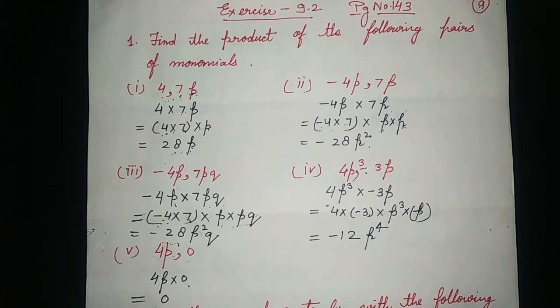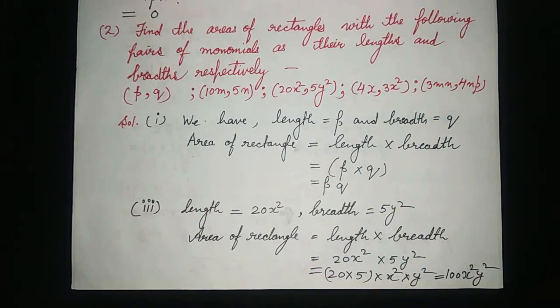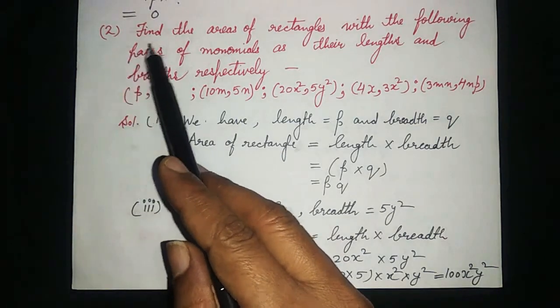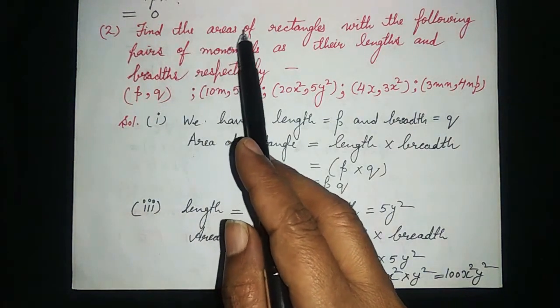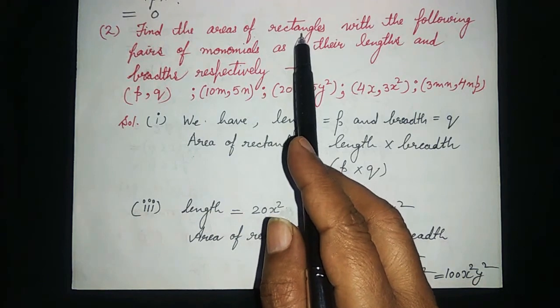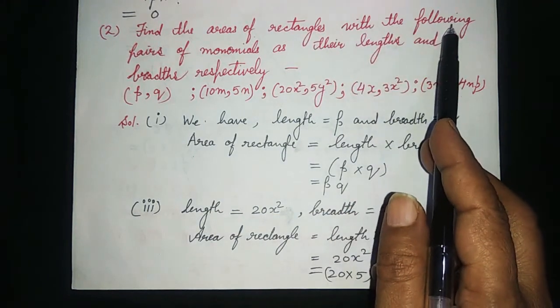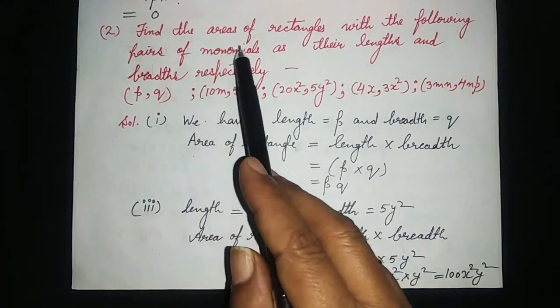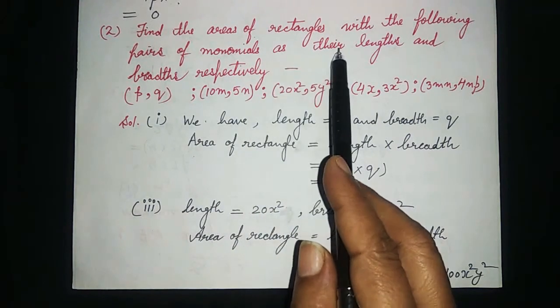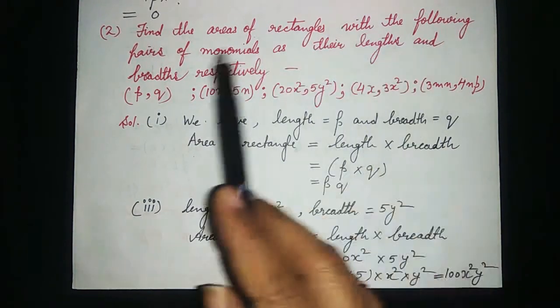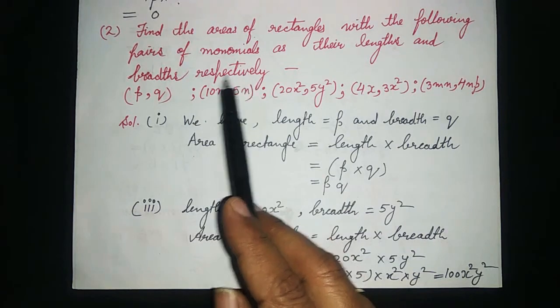Now see question number 2. Find the areas of rectangles with the following pairs of monomials as their lengths and breadths respectively.